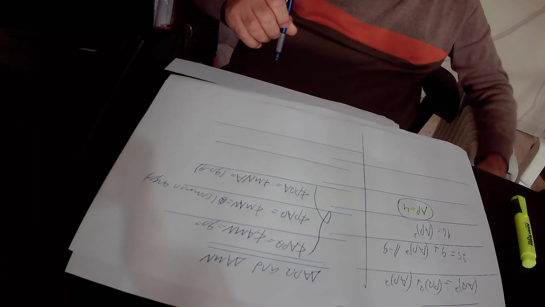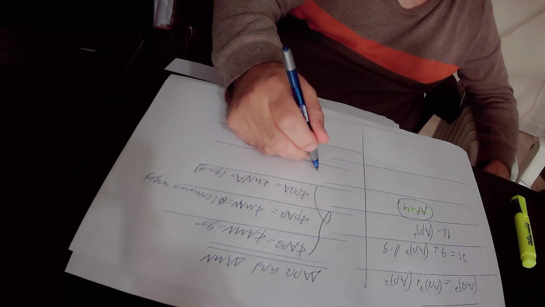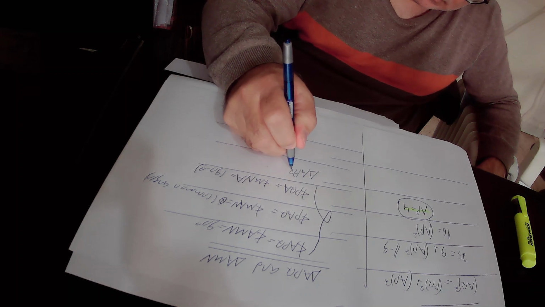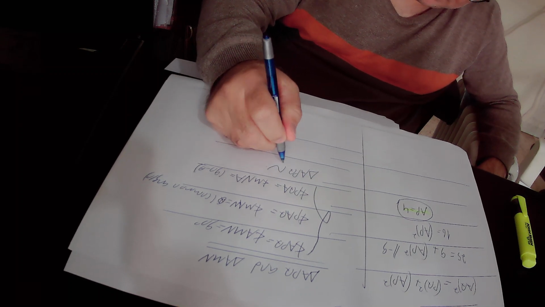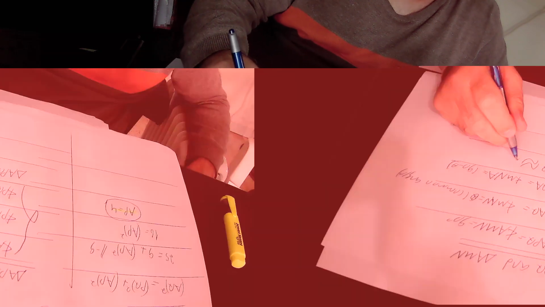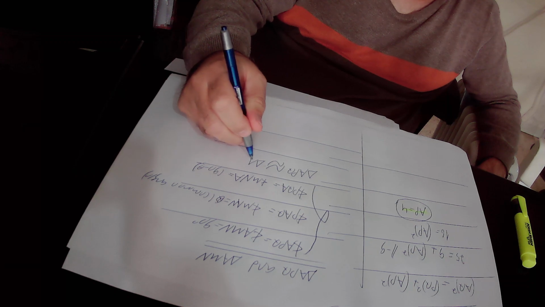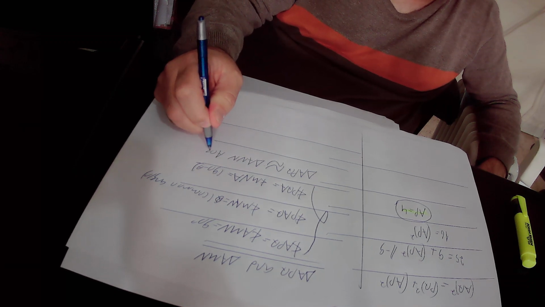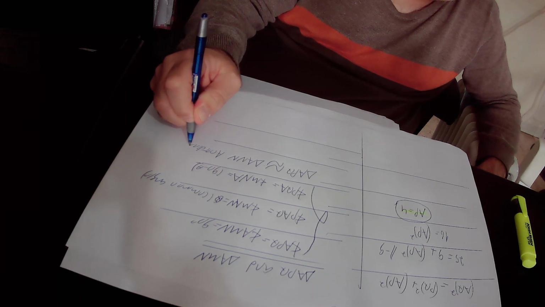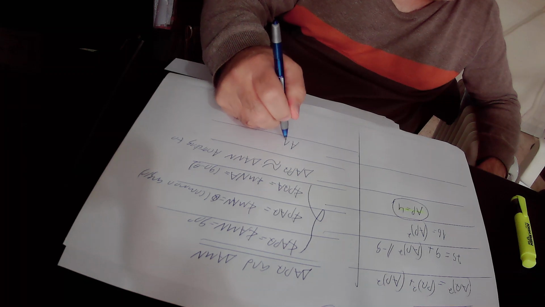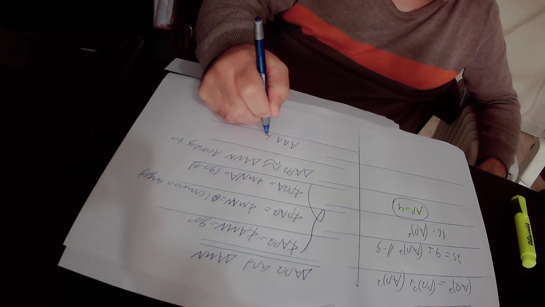So the big triangle APQ is similar, this is the sign of similar, to the small triangle AMN according to angle similarity rule.